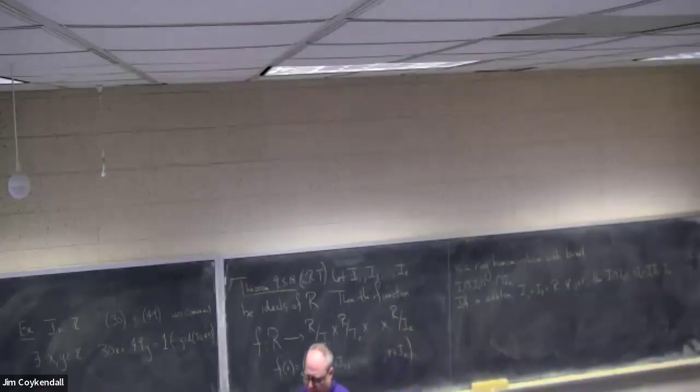The intersection of these ideals is actually this product. Let me point out that in general you expect the product of the ideals to be contained in the intersection, but here you're getting equality if they're pairwise comaximal.